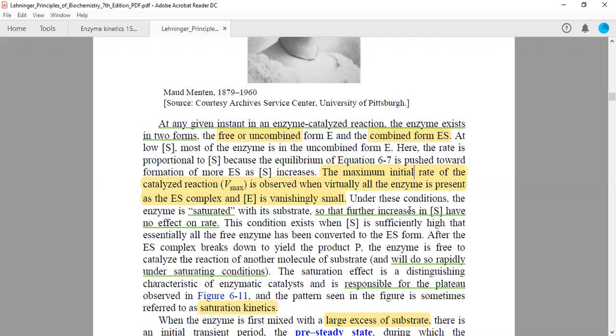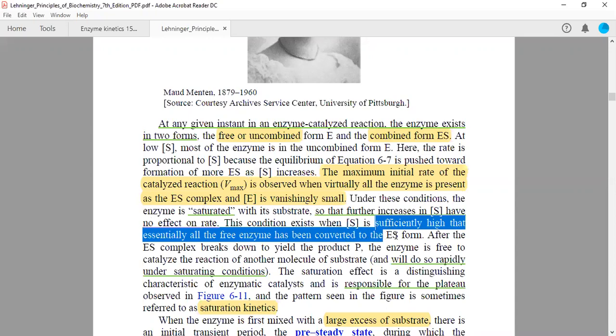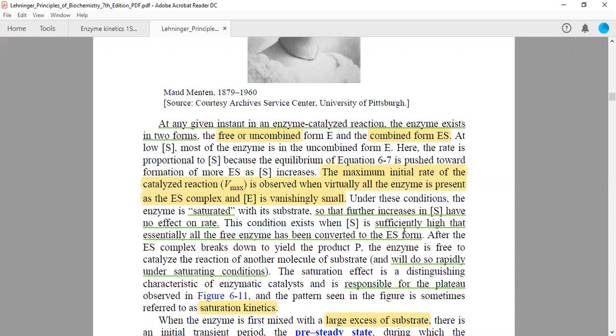So if you increase the substrate concentration further, it is not going to affect your rate of reaction, because all the enzyme is saturated. This condition exists when the substrate is sufficiently high that essentially all the free enzyme has been converted into the bound form, the enzyme substrate complex form.